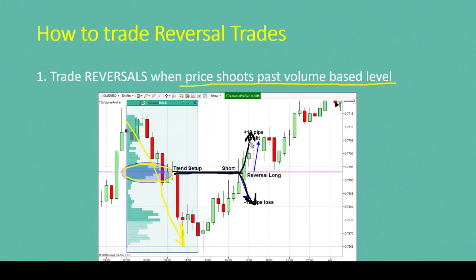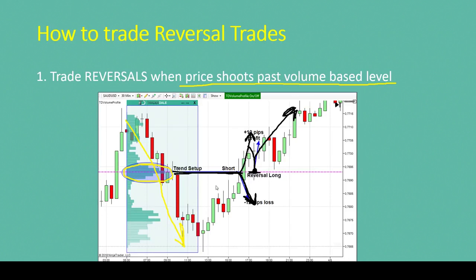So in this case, you wait for the price to return back exactly to the level and you enter a reversal trade. So if you went short from the level, then you enter a long exactly at the same price level and you expect a reaction to the long side.